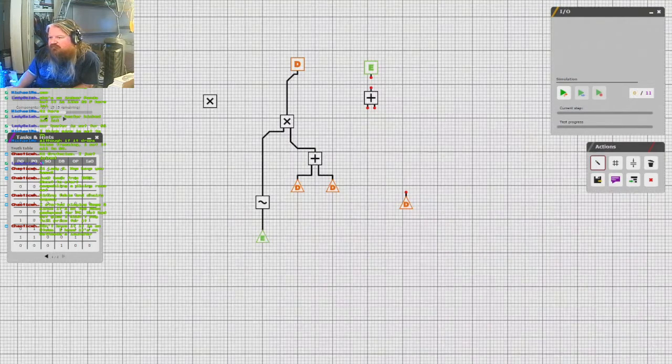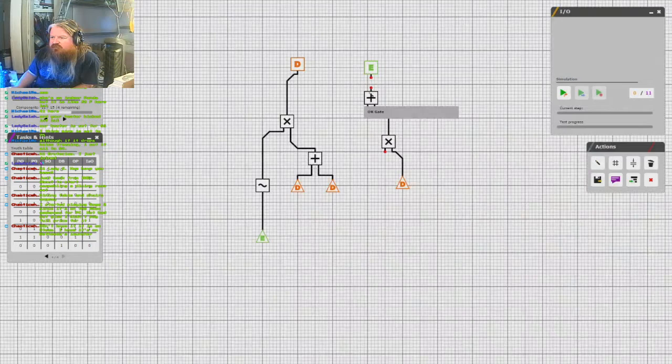And I want another AND gate here. This is the driver open. That's the AND gate. That's the OR gate. That's an OR gate.